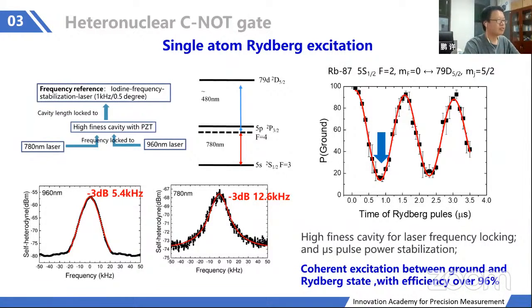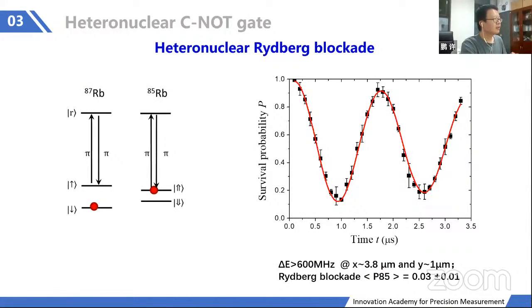Anyway, after our effort, we have realized coherent excitation between the ground and the Rydberg state with an efficiency over 0.96. And in this case, we can demonstrate the Rydberg blockade between heteronuclear atoms.